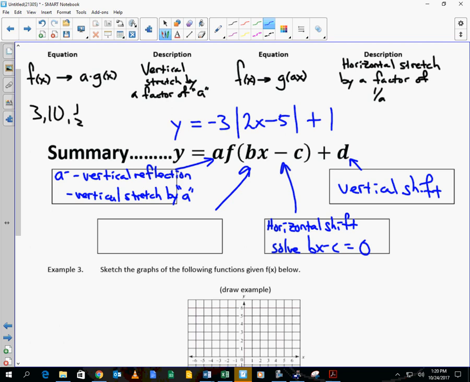But the fact is when we have a number multiplying on the inside, first of all, what if that B value was negative? Then what would happen? You have a negative on the inside, what happens? Reflect over the y-axis, so that's a horizontal reflection, right? So horizontal reflection, good.